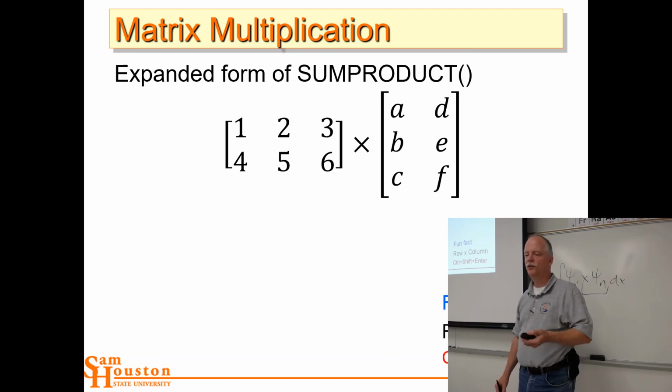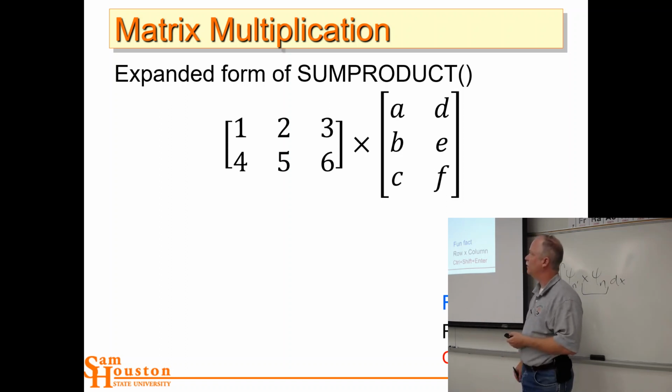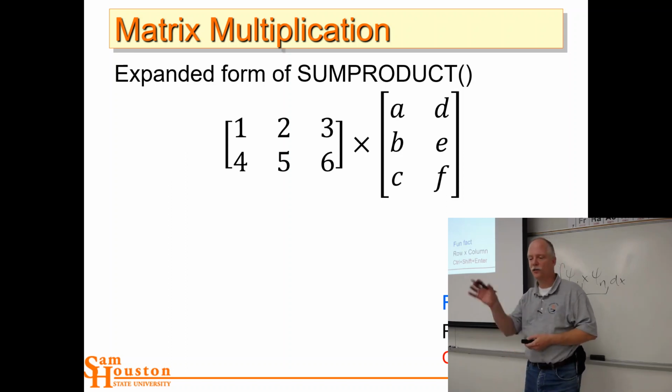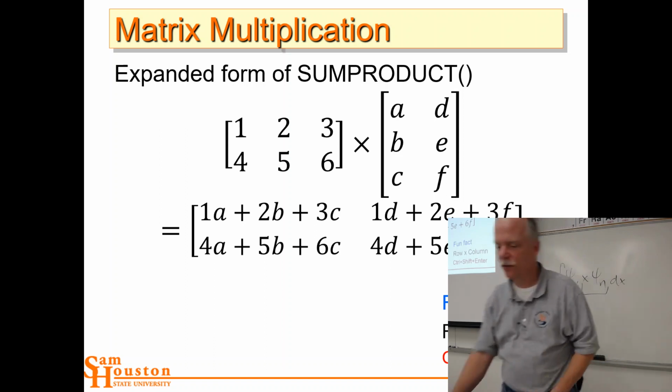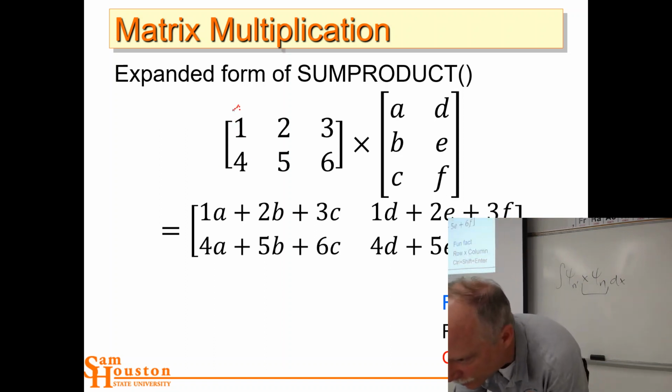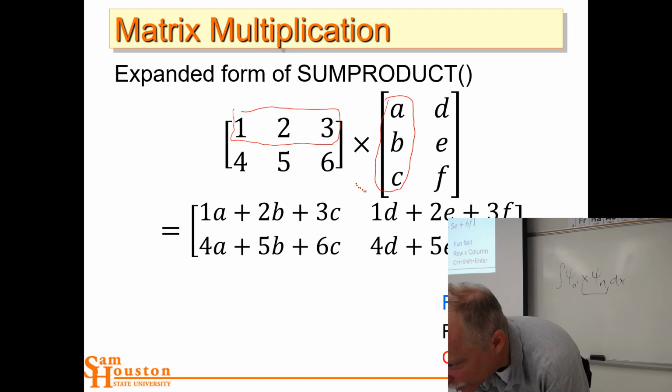So if I have this matrix on the left with all 6 of those numbers times this rectangular vertical matrix, what do we end up with? This is our result. Look what's happening here. So we take the top row of this matrix here, and it's rotated and multiplied by the first column, and then that becomes this first sum.